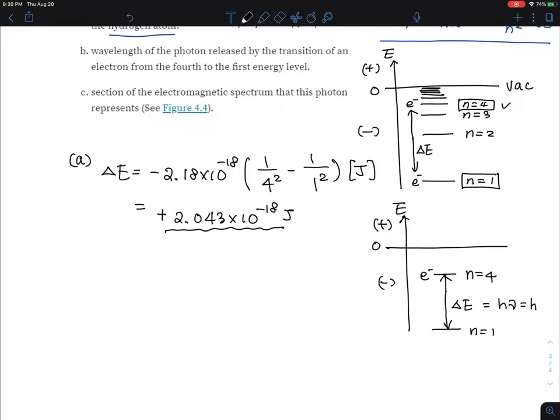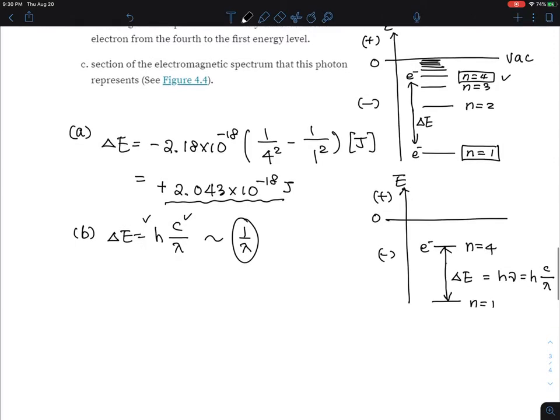We are more interested not in the frequency but in the wavelength of the light, so c over lambda, where lambda is the wavelength of the light. So delta energy is h c over lambda, which is proportional to 1 over lambda. Other than that, the Planck constant and the speed of light are just constants.